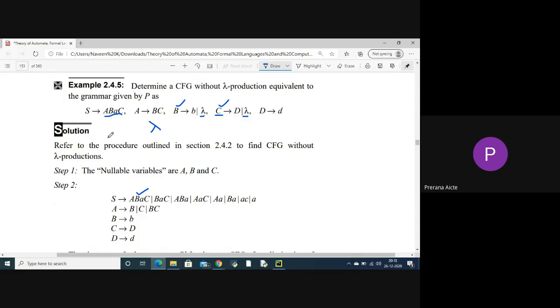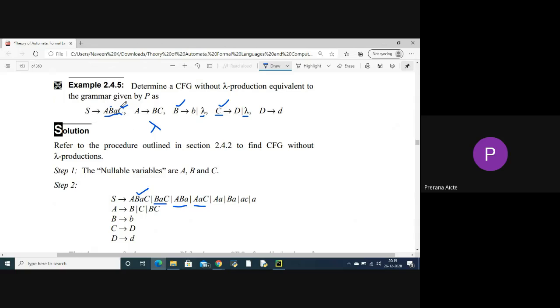If I place capital A as epsilon, it is only BAC. If I place capital C as epsilon, it is ABA. If I place capital B as epsilon, it is AAC. If I place capital B and capital C both as epsilons, it is AA.